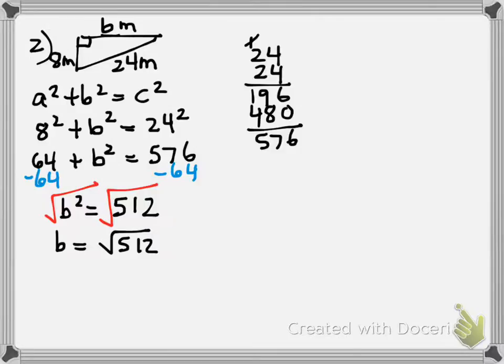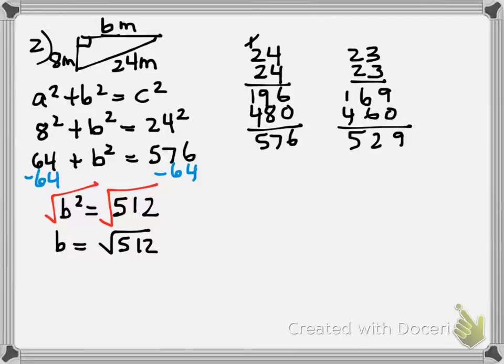So what I'm going to do is try to figure out what two numbers it falls between. So I'm going to check 23 and see what 23 squared gives me. So this gives me 9, 6, placeholder, 6, 4, and I get 529. Okay, that's pretty close. Let's try 22. I get 4, 4, placeholder, 4, 4, and I get 484.